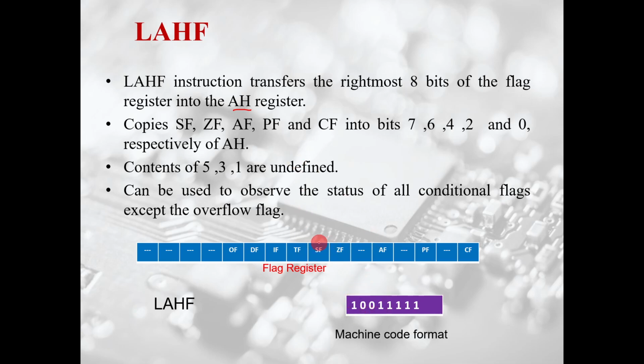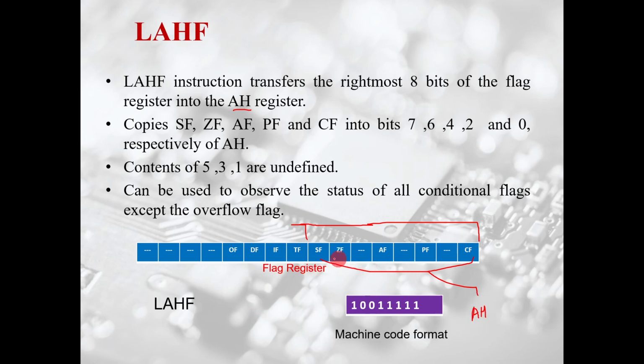If you see here, this is the flag register we learned about. These are 8 bits: 1, 2, 3, 4, 5, 6, 7, 8. Whatever the contents are from here to here, that goes into the AH register.